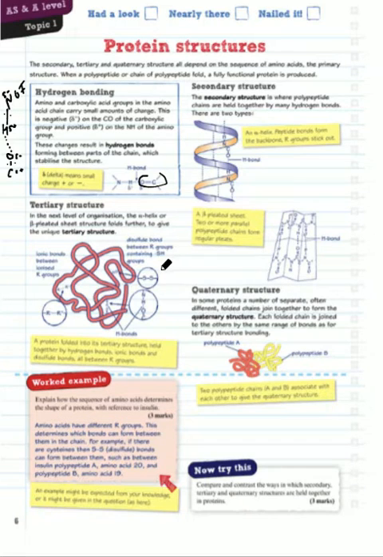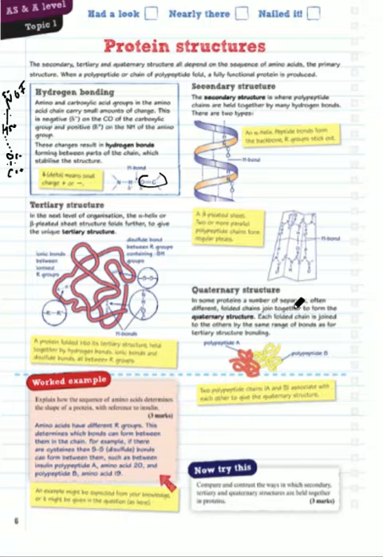So whenever you see S and S, that basically means disulfide bridges or disulfide bonds. So a protein folded into a tertiary structure is held together by hydrogen bonds, ionic bonds, and disulfide bonds, and that's all between the R groups.